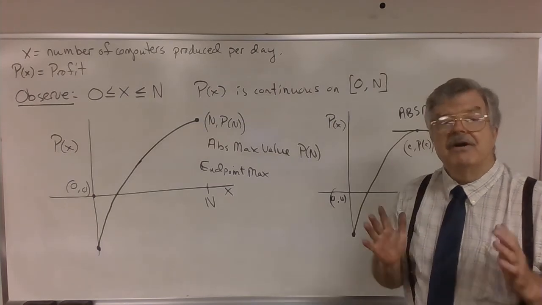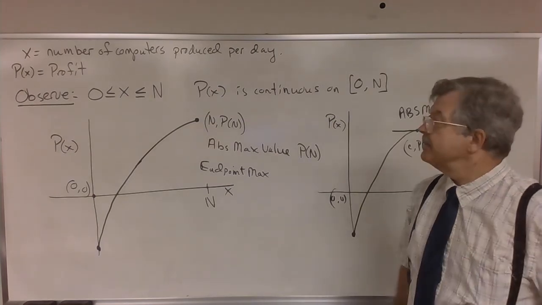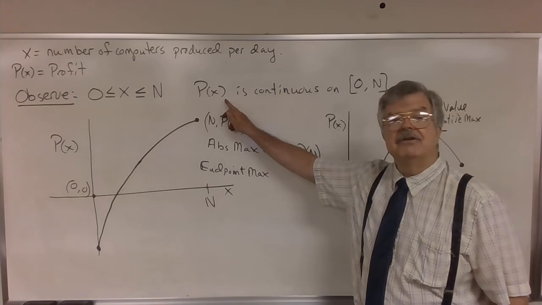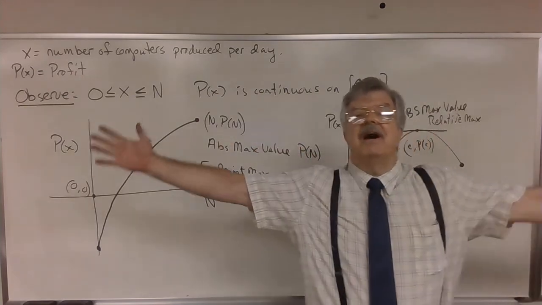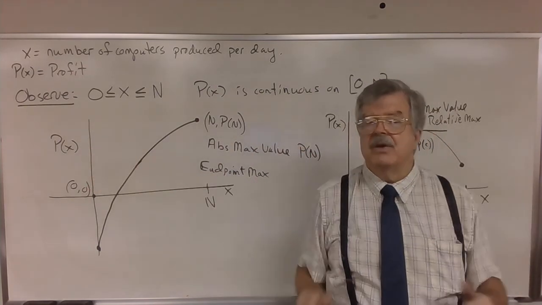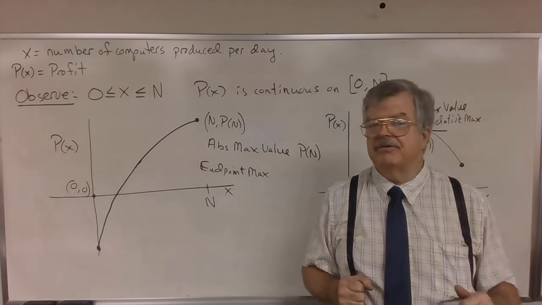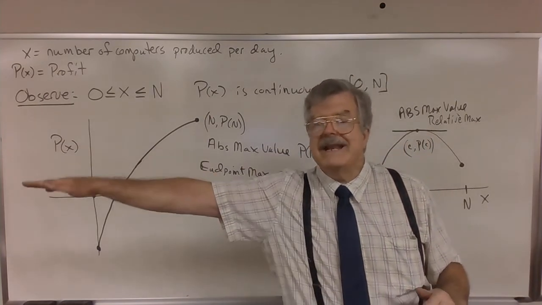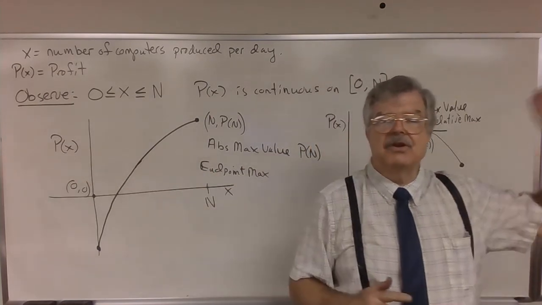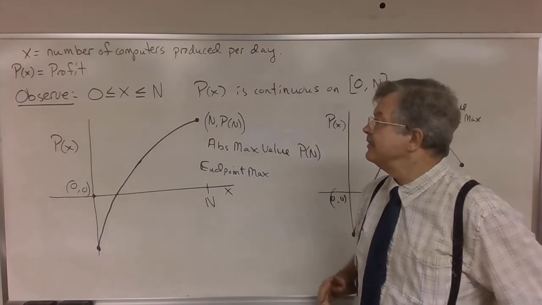Well, what is an unrealistic situation? Having this function defined for the entire set of real numbers, where x, the number of computers produced, can go all the way to negative infinity, or x could go all the way to positive infinity.